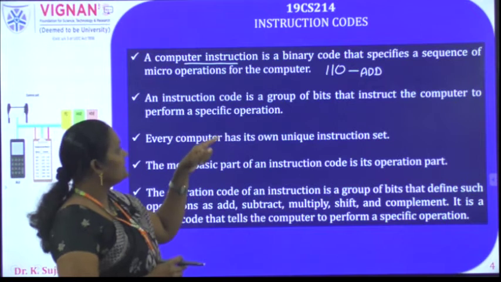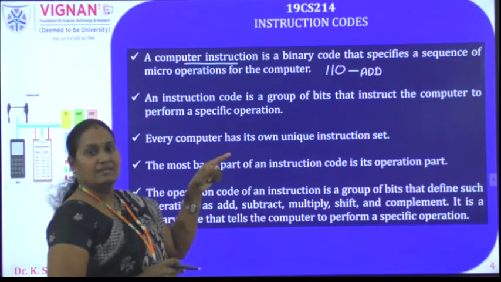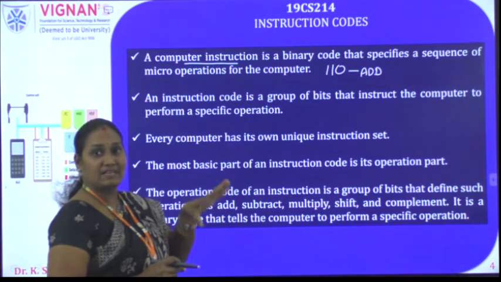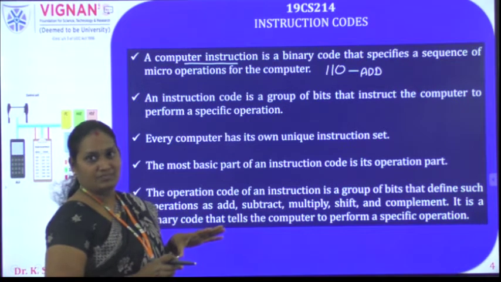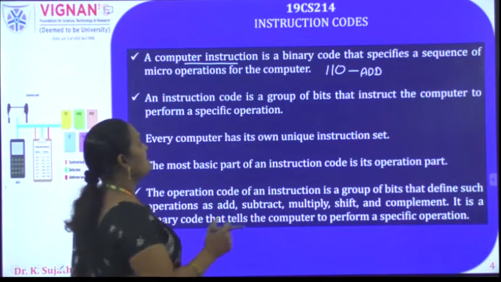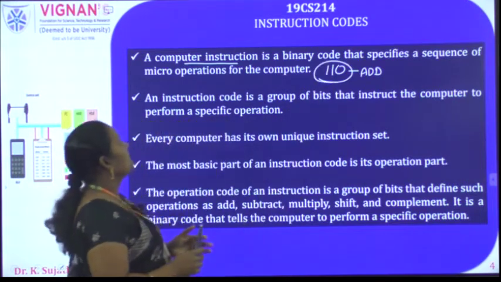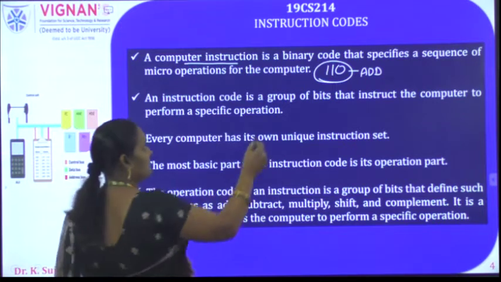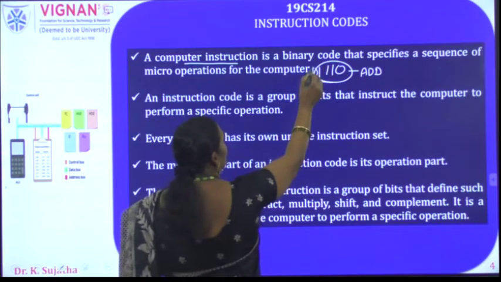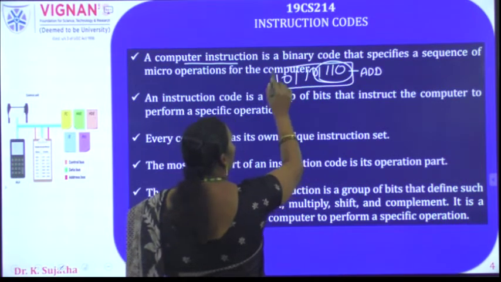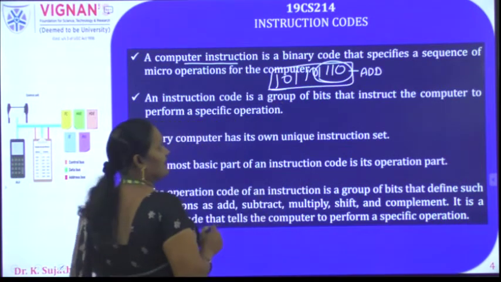Now here, for doing this addition operation, the arithmetic logic unit has to perform a sequence of micro operations. All those micro operations can be specified by this binary code. Suppose here it is having some code. So like that, this is the computer instruction binary code that I have.